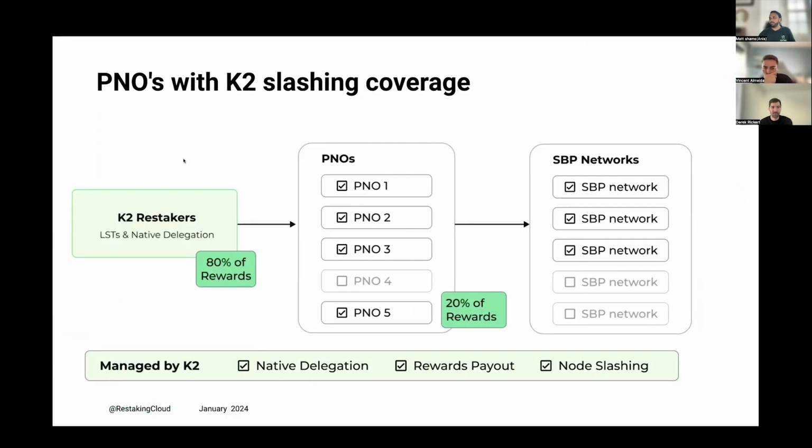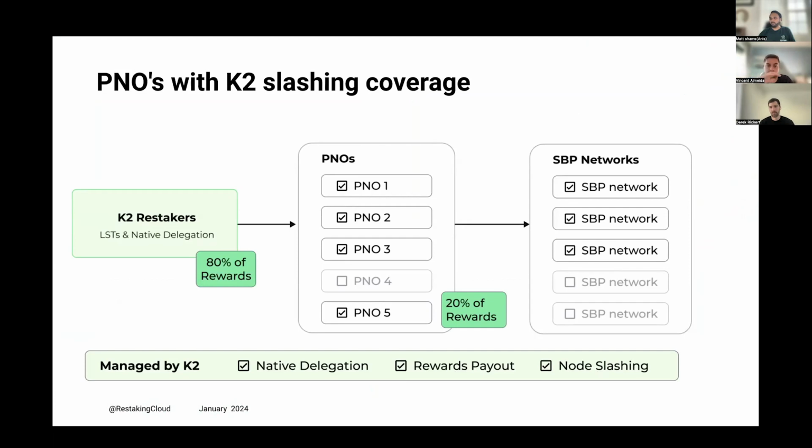This is a good diagram, re-emphasizing the reward distribution. P&Os, as we said, have full agency to opt into the networks that they want to be part of. There is always a subset working for a network, and they have liquid delegators attached to them.